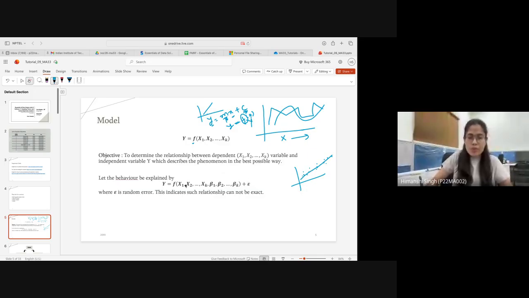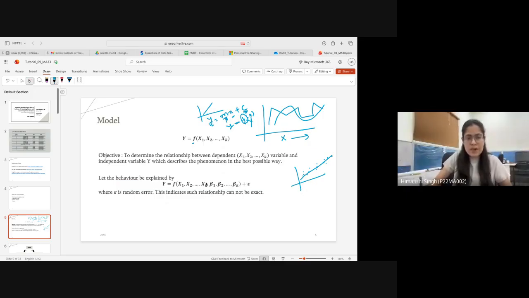So in real life scenarios, these relationships cannot be exact. That is a theoretical thing; you can only theoretically say that. So there may be some random error involved in the process, in the observations, if we are talking about that. Okay, so this is a random error.